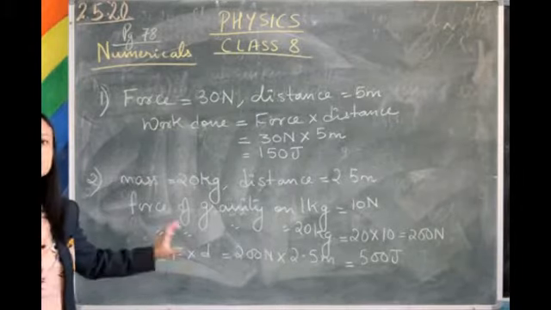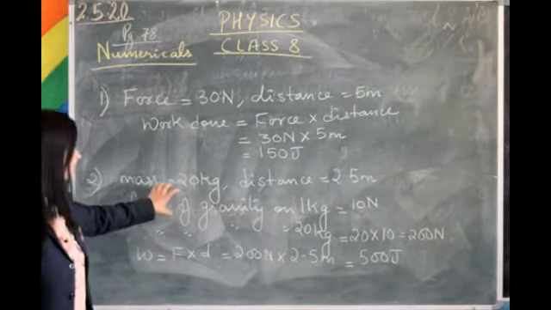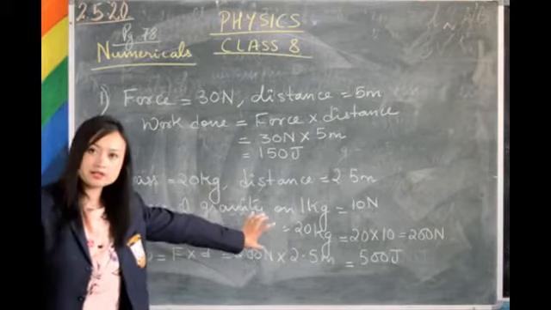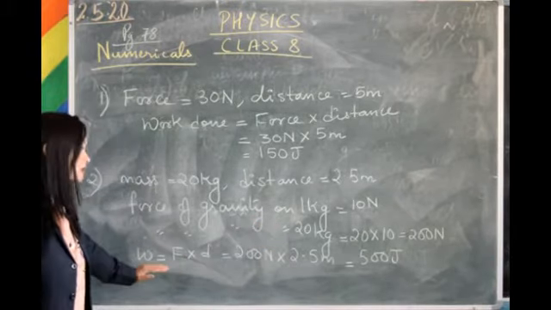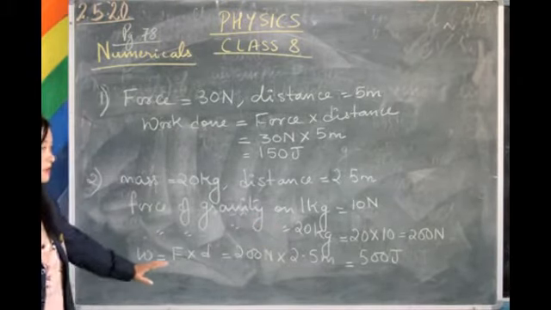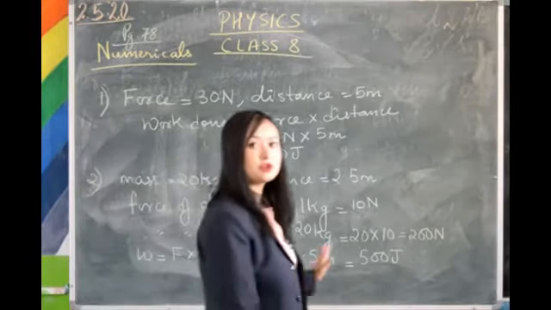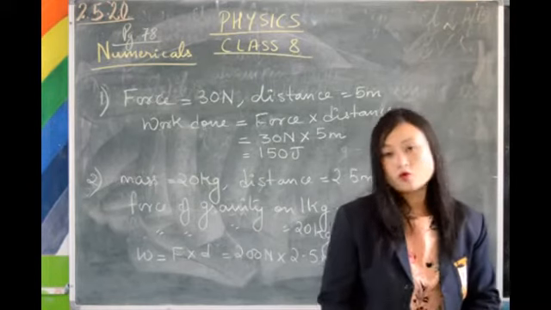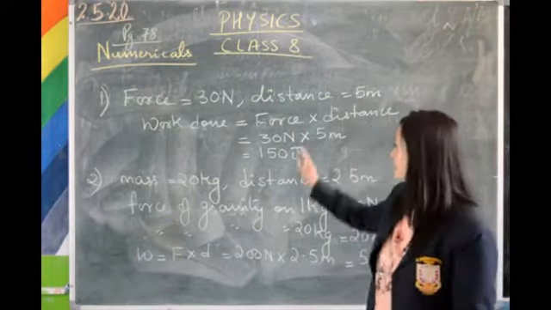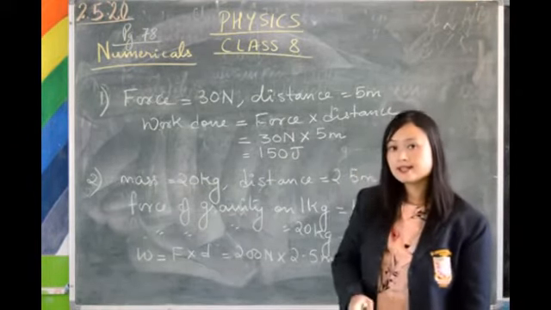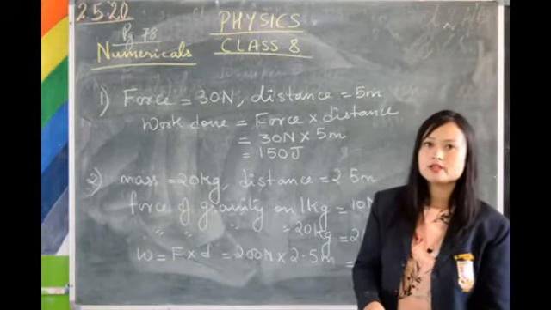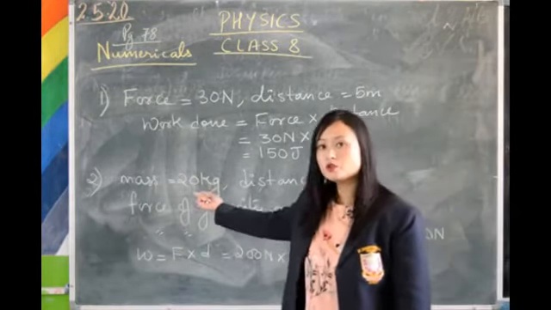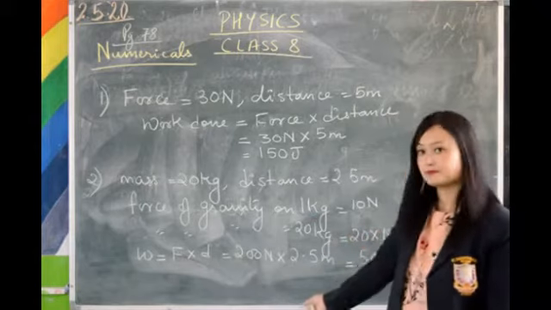If force is not given directly and if mass is given, we first calculate the force, then we calculate the work done. Okay, so these are the two different ways to calculate work done. One, if force is given, you simply have to multiply force and distance. Second case, if force is not given, if mass is given, then you need to use this relationship.